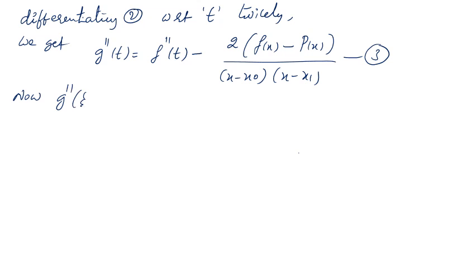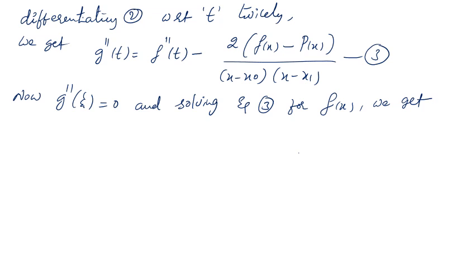Now g double dash xi equals 0. Setting g double dash xi equals 0 and solving equation 3 for f of x: in equation 3 substitute xi in place of t, put g double dash xi equals 0 and solve this equation for f of x.